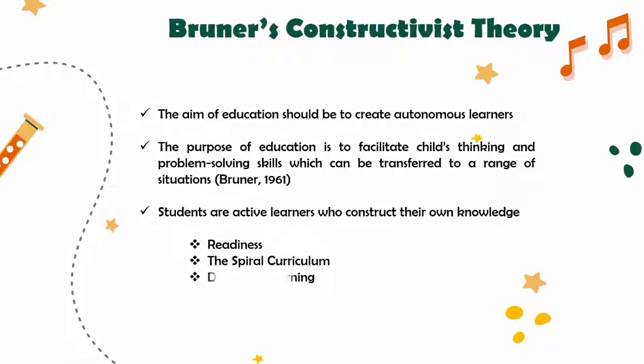Bruner also explained that through the concept of the spiral curriculum, information is structured so that complex ideas can be taught at a simplified level first and then revisited at more complex levels later on.